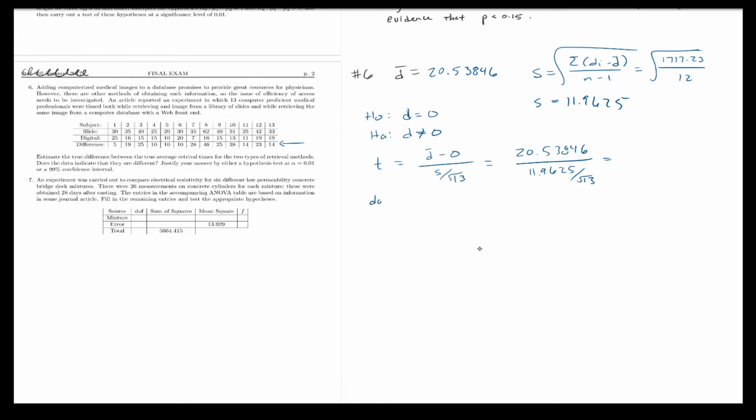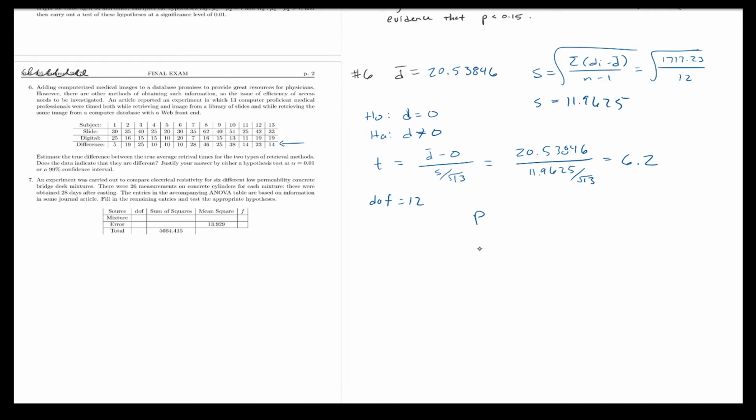And our degrees of freedom in this case are 12. So I can say D over E times square root 13. Oh yeah, it's really big, 6.19. So I'll just round it to 6.2.